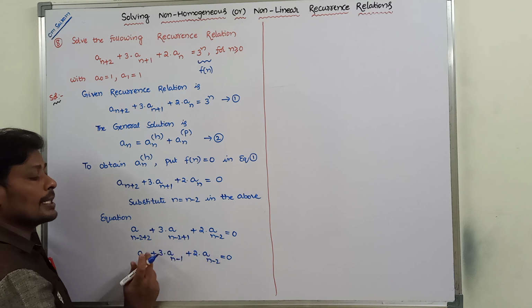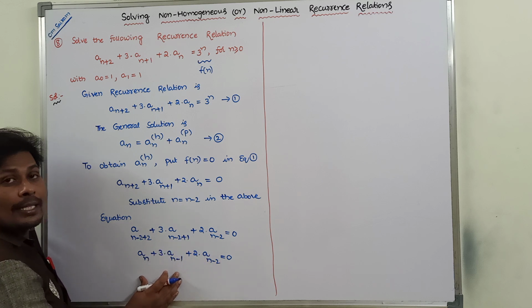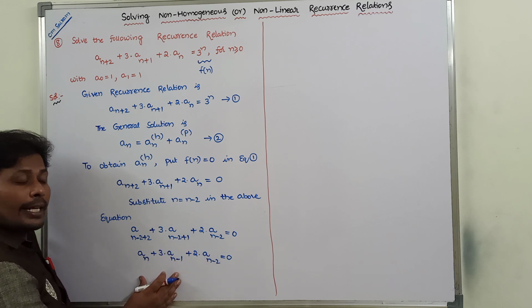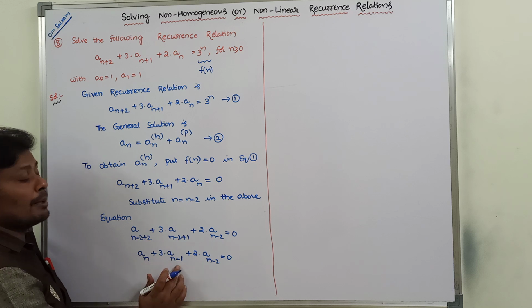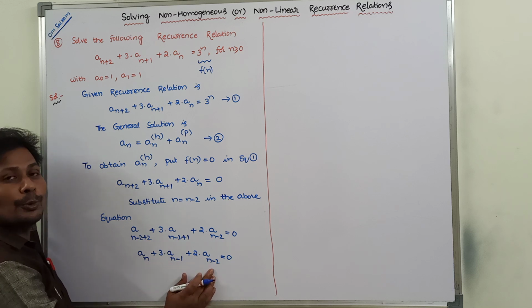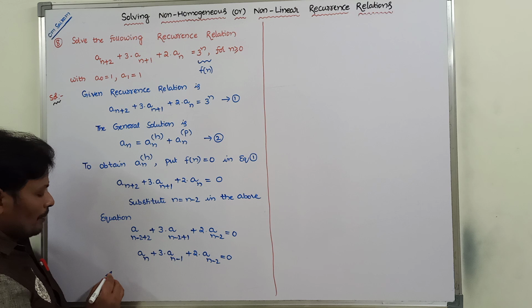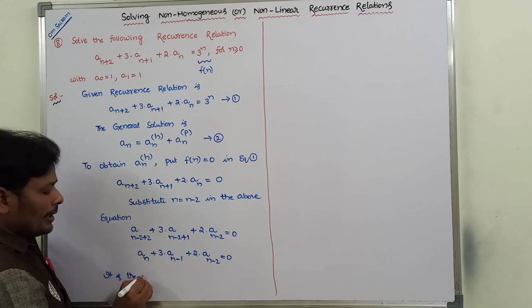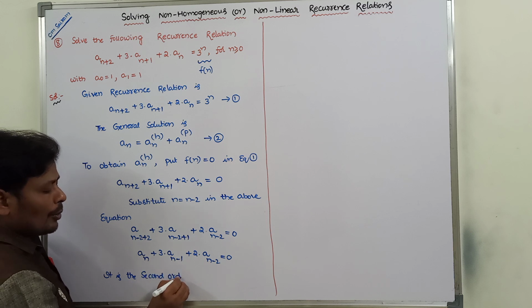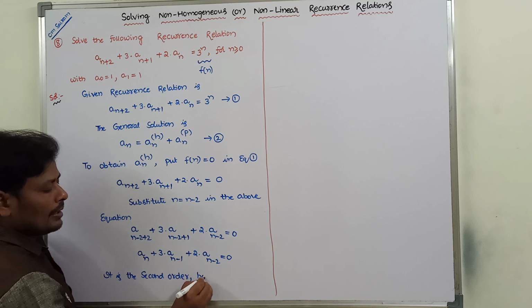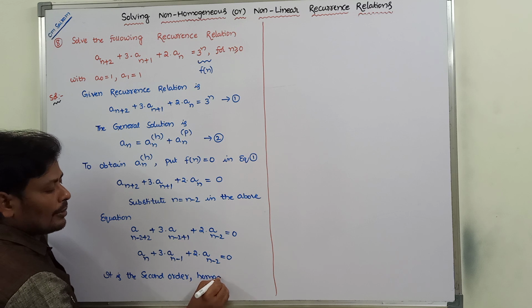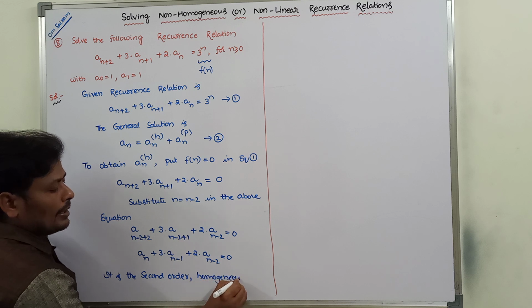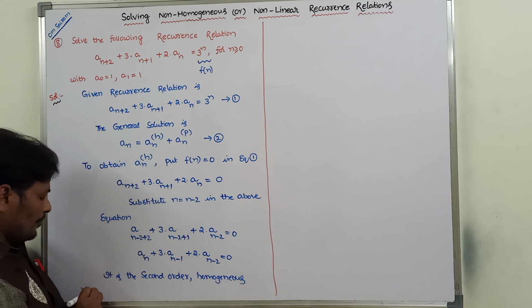Now we are getting this equation. It is a second order recurrence relation because the nth term, n minus 1 term and n minus 2 term are there. So it is a second order homogeneous recurrence relation.